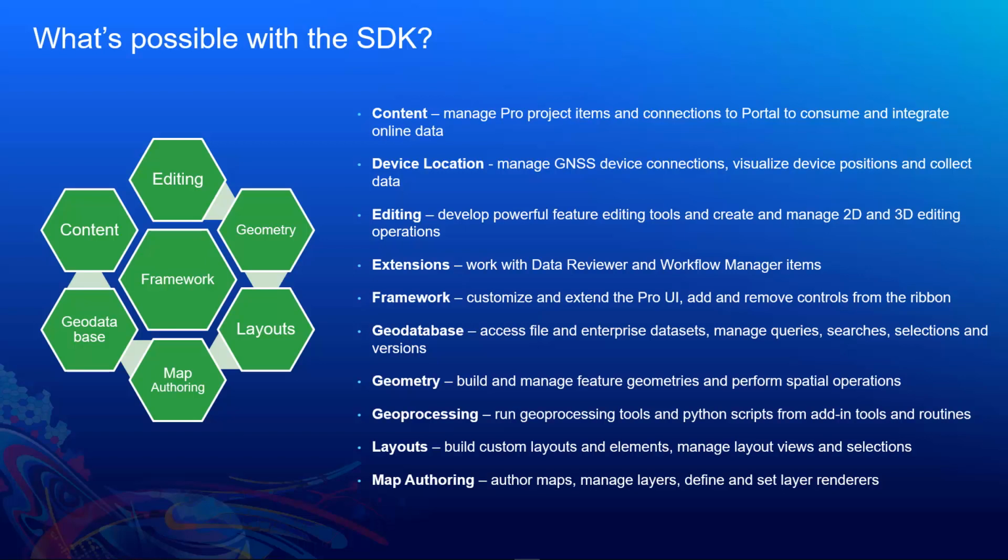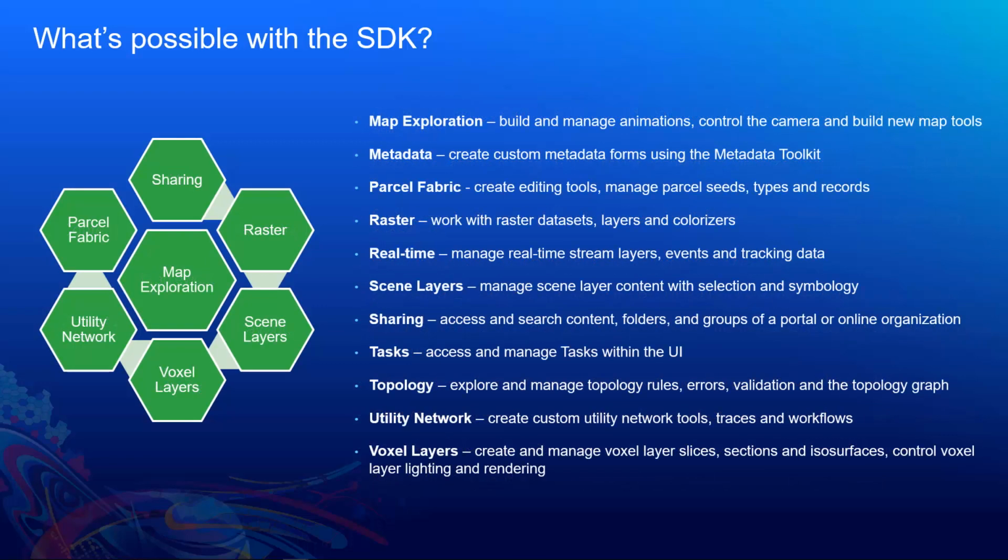The editing API, here you can develop very powerful feature editing tools and create and manage 2D and 3D editing operations. So many different types of capabilities, extensions, framework, geodatabase, and geometry, geoprocessing, layouts, and map authoring. Map exploration. You can build and manage animations, control the camera, and build new map tools inside of Pro.